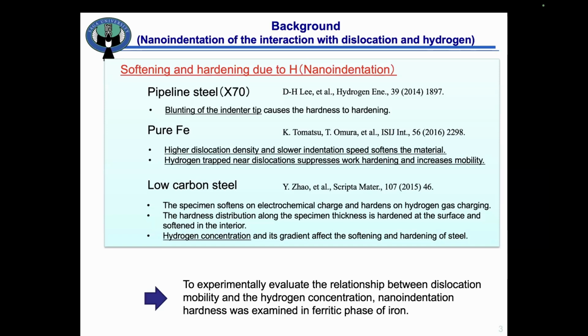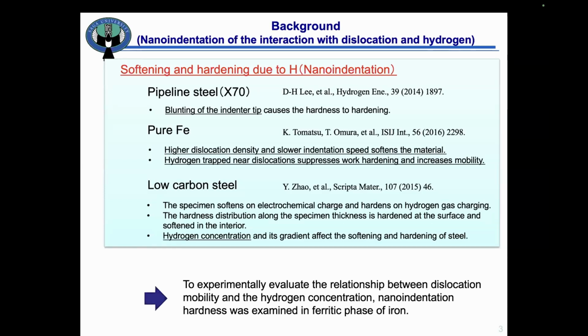The first one used pipeline steel X70, by Professor Lee, showing branding at the indented tip. That causes the hardness increase and hardening, which is somehow connected with higher dislocation density near the tip.